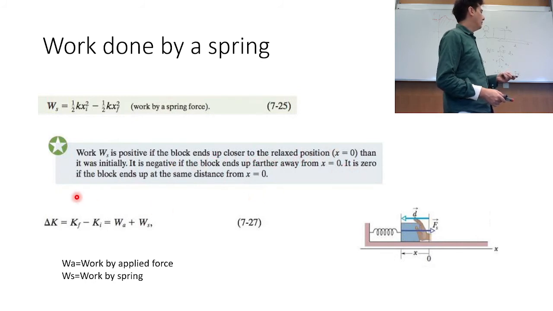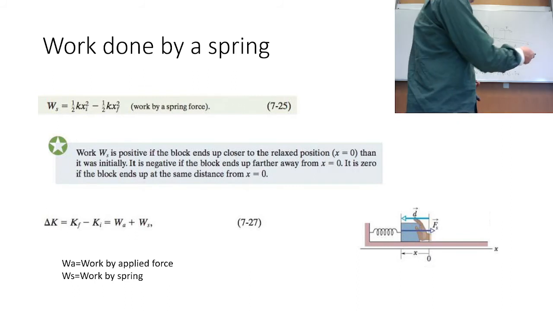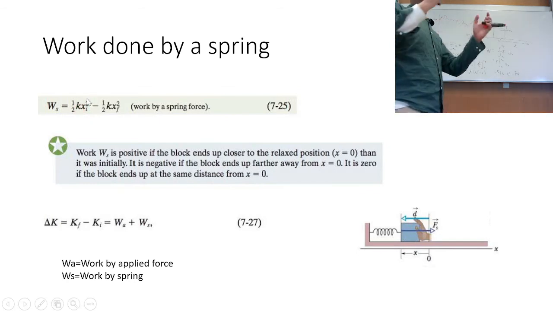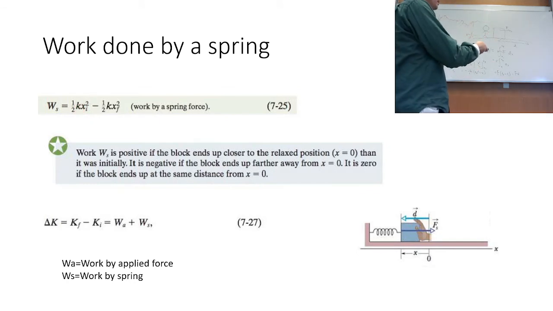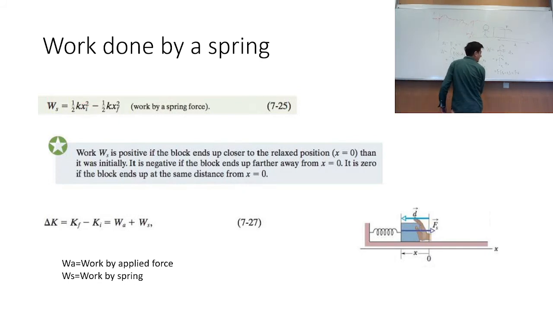It is 0 if the block ends up at the same distance from x equals 0. Mathematically, the block ending up closer to the relaxed position means that the magnitude of x, the size of xi, is bigger than xf.